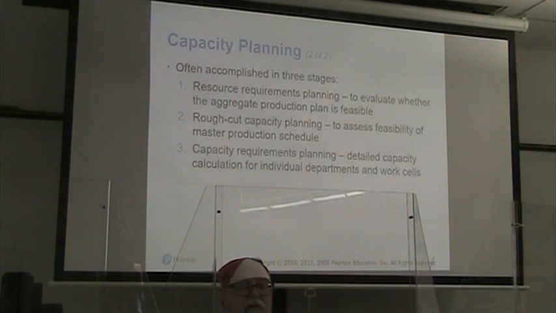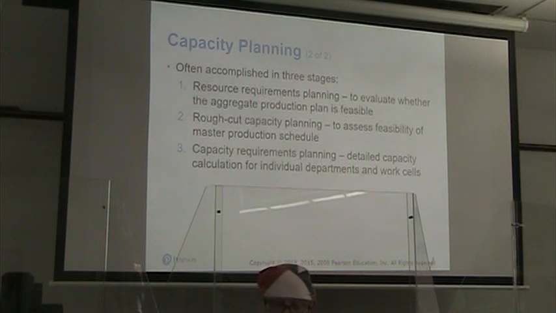And then we have our capacity requirements planning. That is a detailed capacity calculation for individual departments and work cells. All right, so all 3 of these types of planning have to go into our capacity planning.